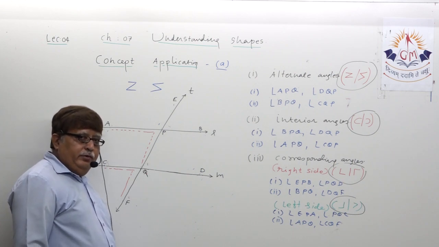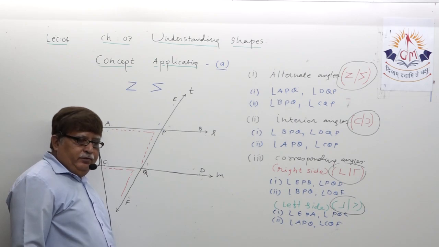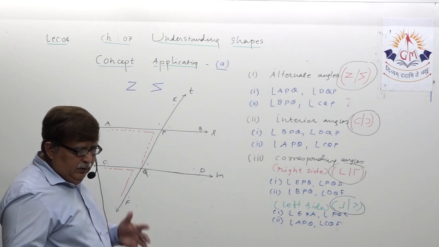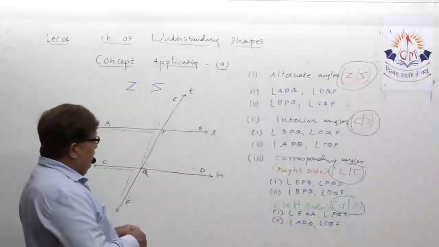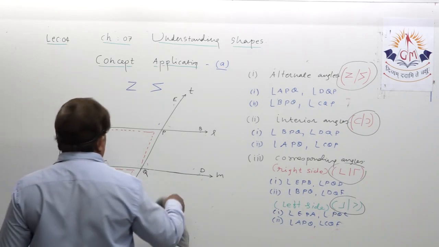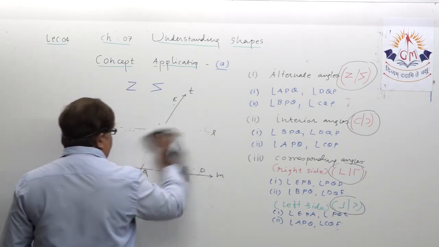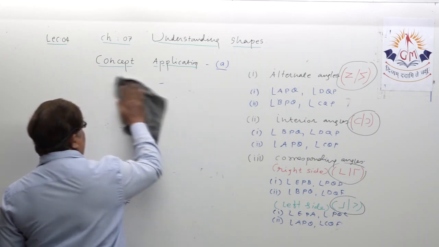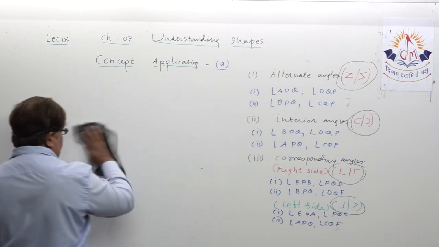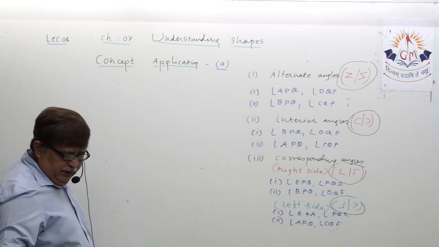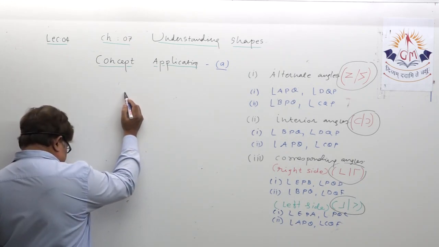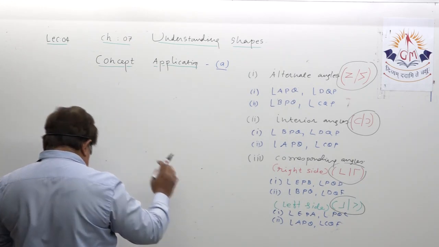How to name them? Your mindset has to be very clear. Suppose I take an example. I just want to explain one very important thing: why we are learning this, and why I am teaching this concept application to you. Suppose I am erasing it. Suppose, dear student, this is a parallelogram.